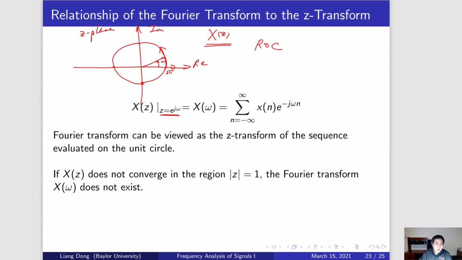I'm not going to take all these complex z values, I'm only going to take the values on the unit circle. That gives me the Fourier transform value X(omega), where omega in one period is from 0 to 2 pi, or from negative pi to pi, and anyhow the period is 2 pi.